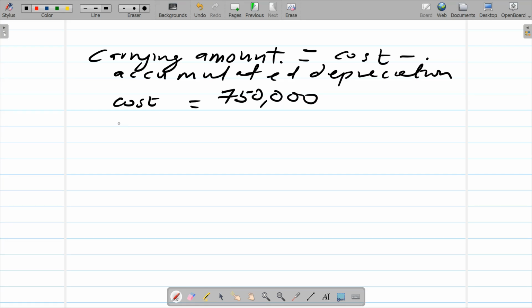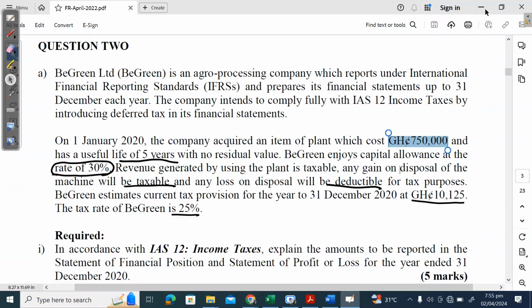Now let's calculate the depreciation. To calculate the depreciation, you need to know the useful life. What's the useful life of the asset? We are told that the useful life of the asset is 5 years.